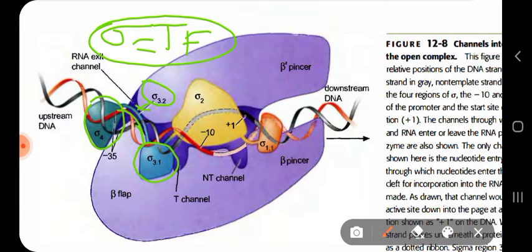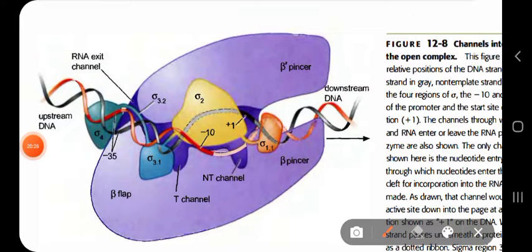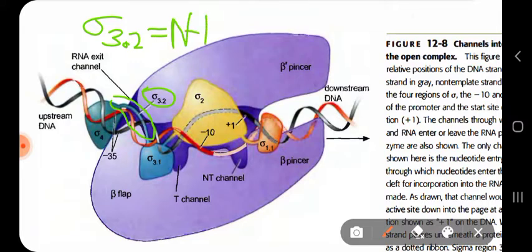Now this sigma 3.2 region is homologous, or you can say analogous, with the N terminal domain of TF2B.